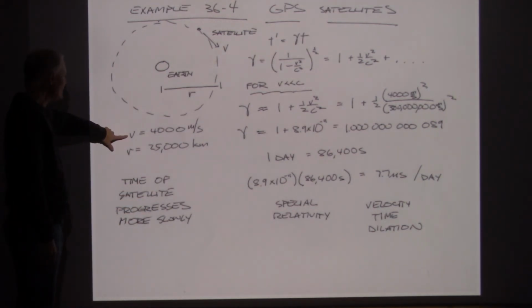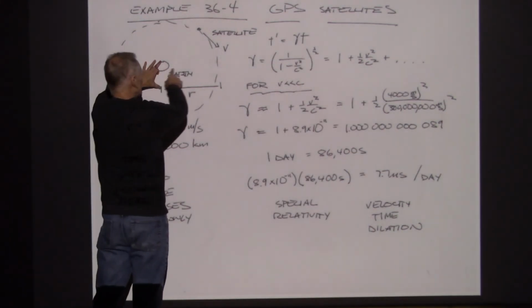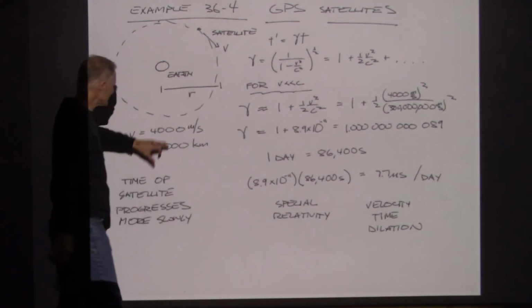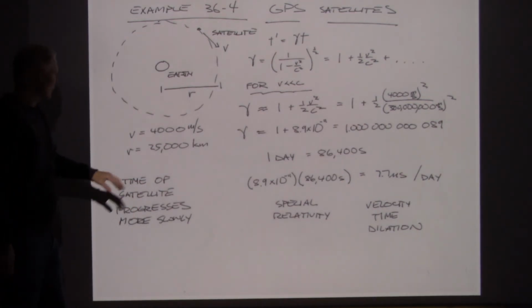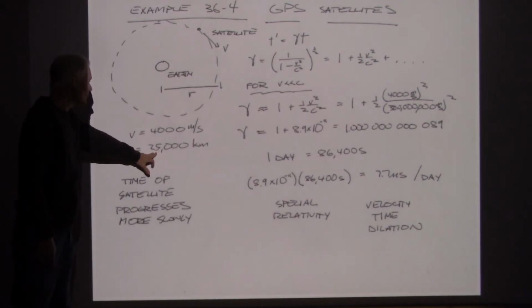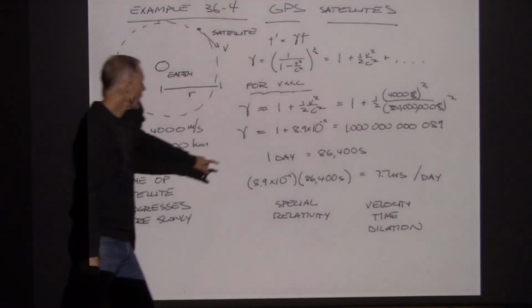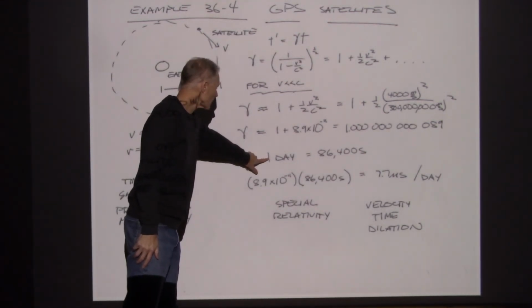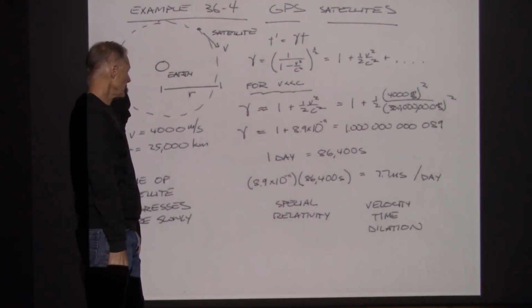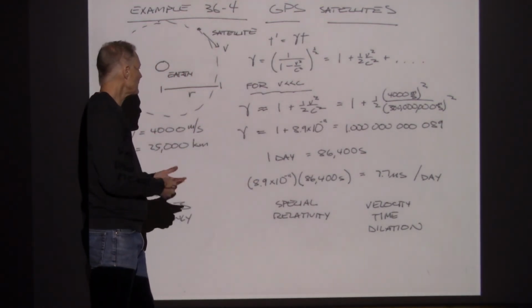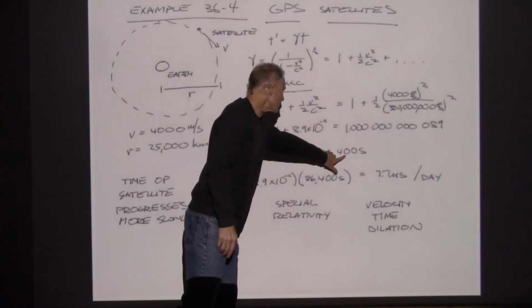So the velocity here is 4,000 meters per second. The radius of the orbit for the GPS satellites, I guess they told us that in the problem, is 25,000 kilometers. Now, one day is 86,400 seconds.